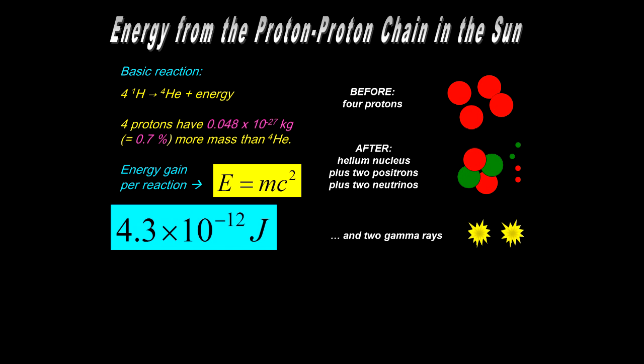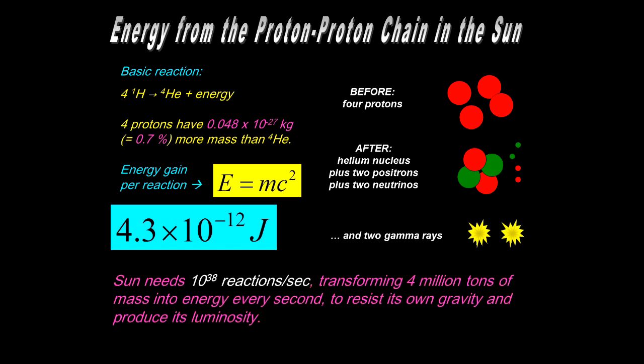That sounds like a vanishingly small amount. Nevertheless, these of course are atoms we're talking about. It turns out that this is about 10 million times more energetic than a chemical reaction at the atomic level. Therefore, it turns out the sun only needs 10^38 reactions per second, in distinction to the chemistry where we needed 10^45 reactions per second.